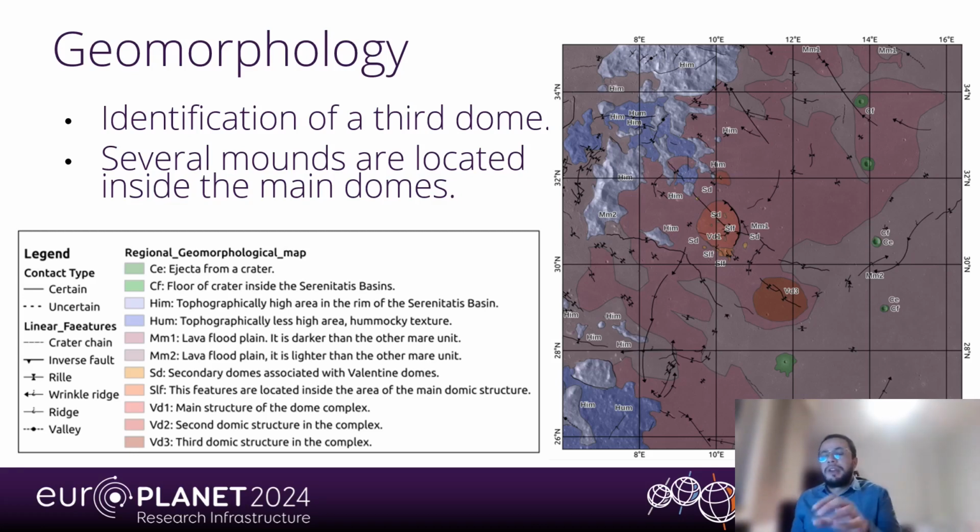One possibility is that they are remnants of the basement, so basically ejecta from the original impact that formed the Serenitatis Basin, the same material that we have in the rim of the big basin. The other possibility is that they are actually secondary igneous activity, which would be more interesting.